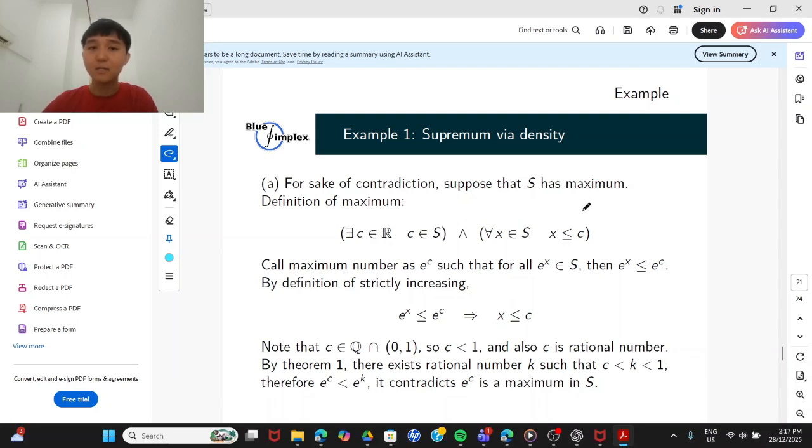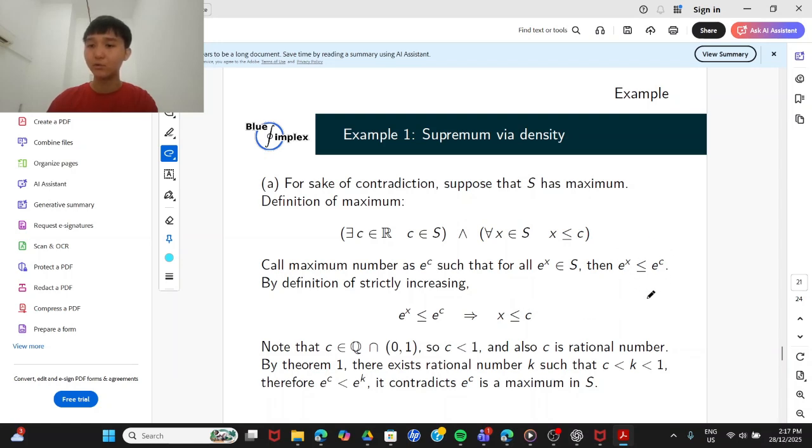Suppose S has a maximum. What does the maximum mean? There exists a real number c such that c is in S, and for all x in S, x is smaller or equal to c, because c is the biggest one. So I call the maximum e^c, such that for all e^x in S, e^x is smaller or equal to e^c, where we can express that x is smaller or equal to c.